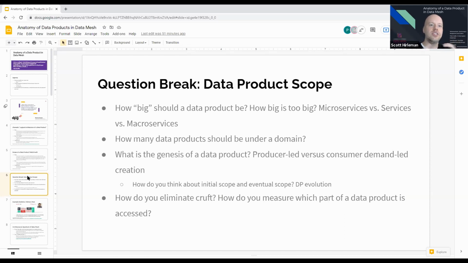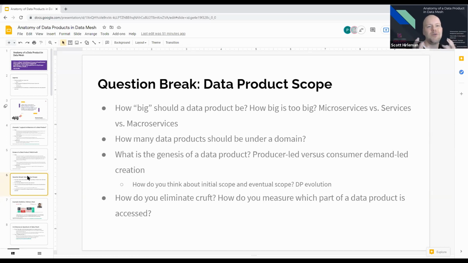And the genesis of a data product: should it be the purpose-built thing that you then continue to add to? Or should it be on the domain to say, I think that consumers will want X, and so it's all based on that producer to create that?